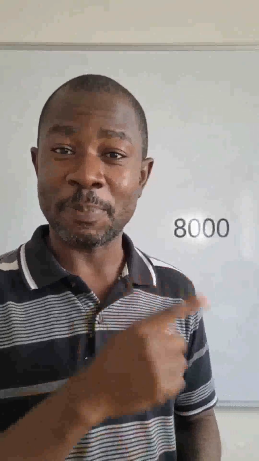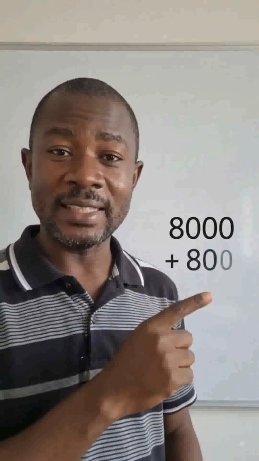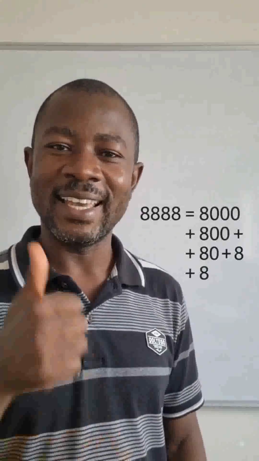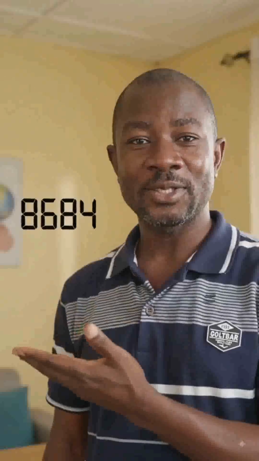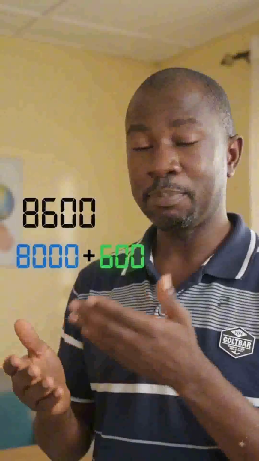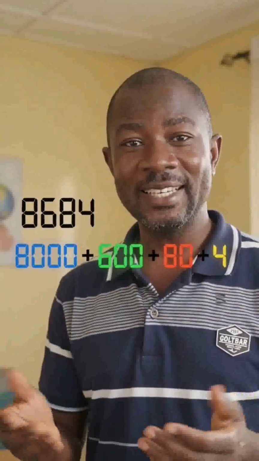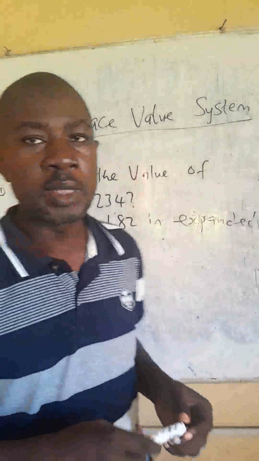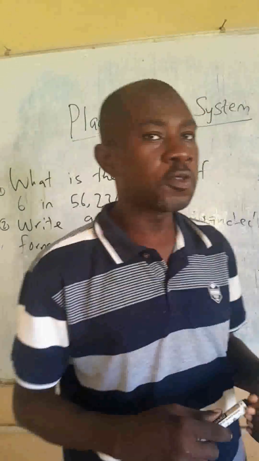Let's write 8,888 in expanded form. First, we have 8,000, then 800, then 80, and finally 8. Let's write 8,684 in expanded form. That's 8,000 plus 600 plus 80 plus 4. And that is how you do it. Now it is your turn to solve.